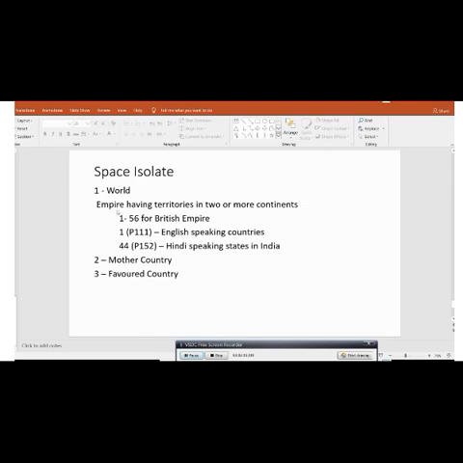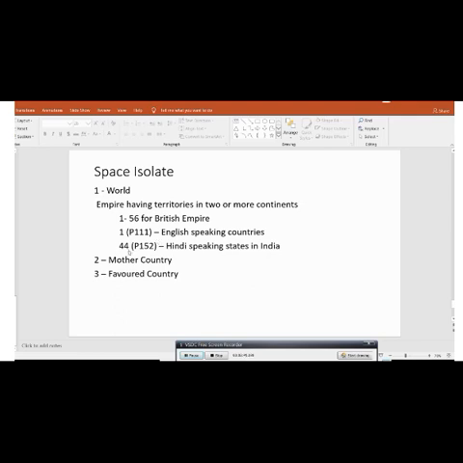In addition to that, space isolate. One is the world. For example, an empire having territories in two or more continents, for example the British Empire ruled so many spaces, so many continents. So we can give the number 1-56. 56 denotes the British number. Then English speaking countries. One is the world.